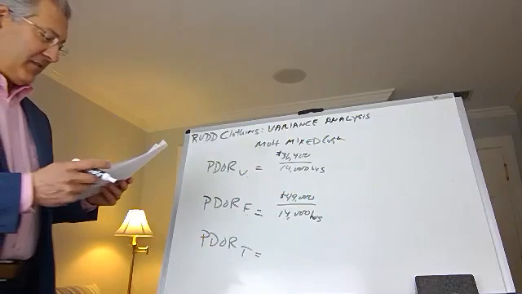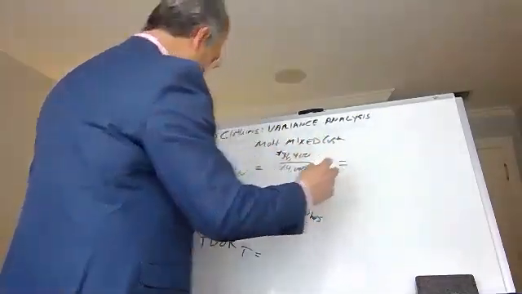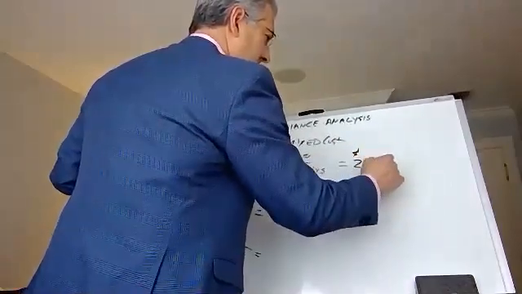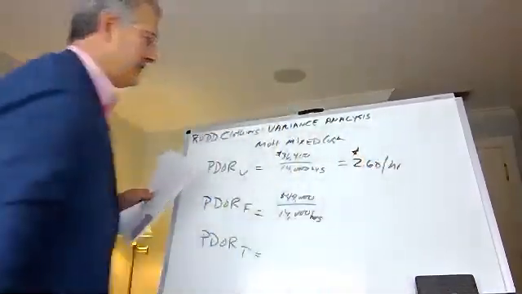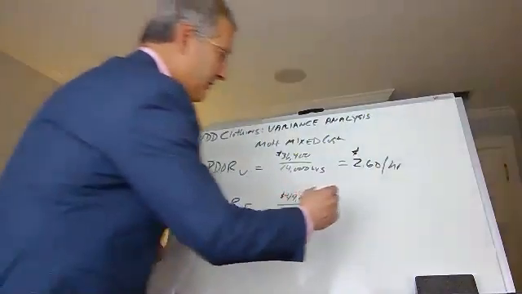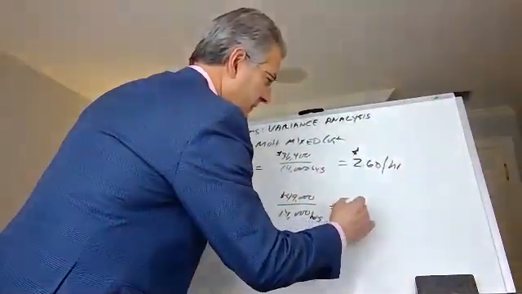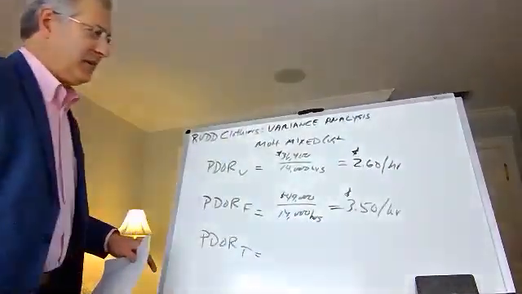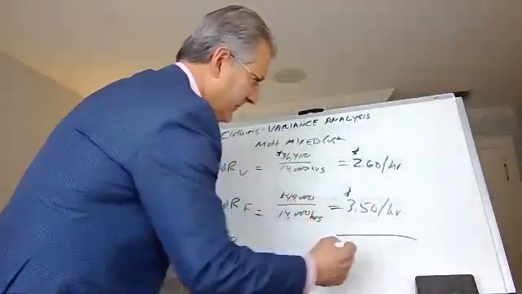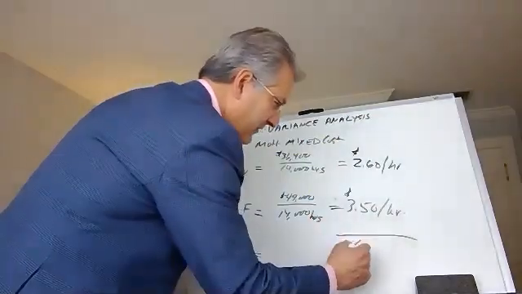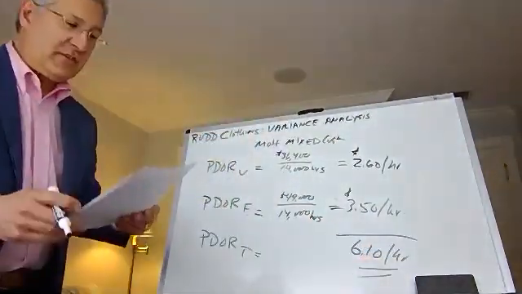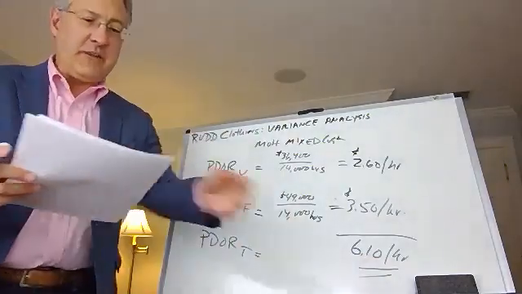If we do our math, we come up with a rate of $2.60 per hour for variable, $3.50 per hour for fixed, and we add the two together, we come up with $6.10 per hour. And if you look at the standard cost card, that's what they told you.